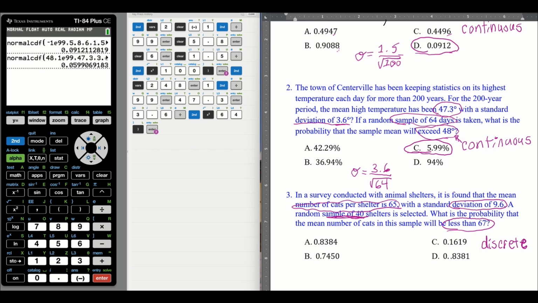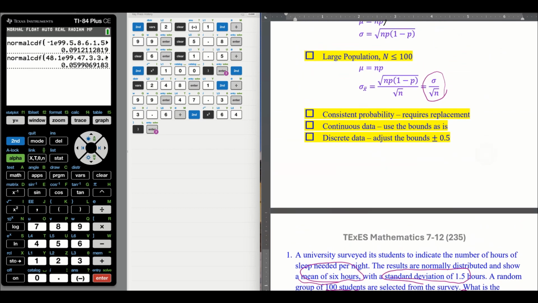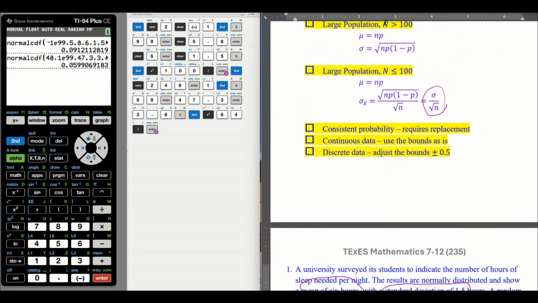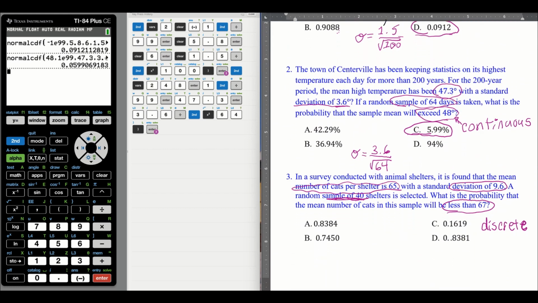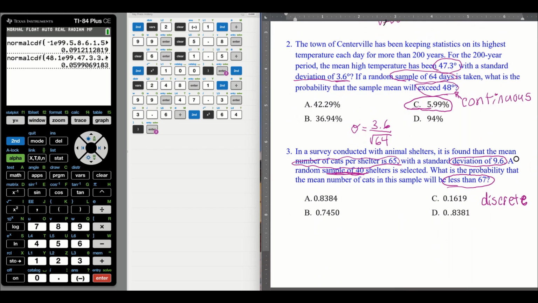And we know that we will have to adjust. Why are we adjusting? Let's go back and look. Populations under 100. Well, we have an N population size of only 40. So I say it's going to have to be adjusted, and we are given the standard deviation, which sometimes is a clue. Okay, so let's go ahead and adjust.